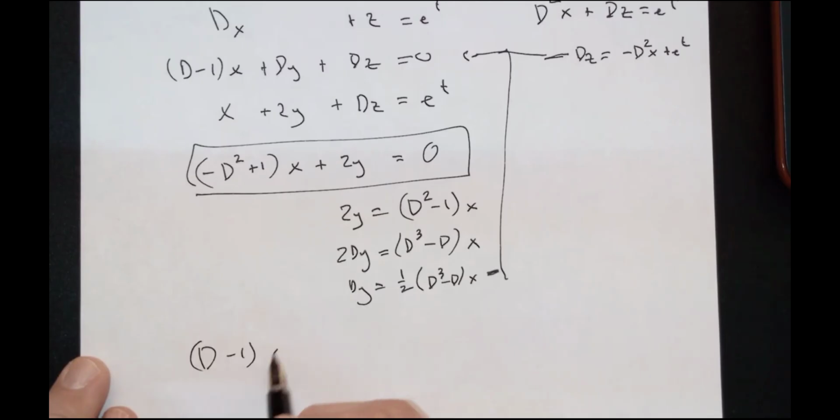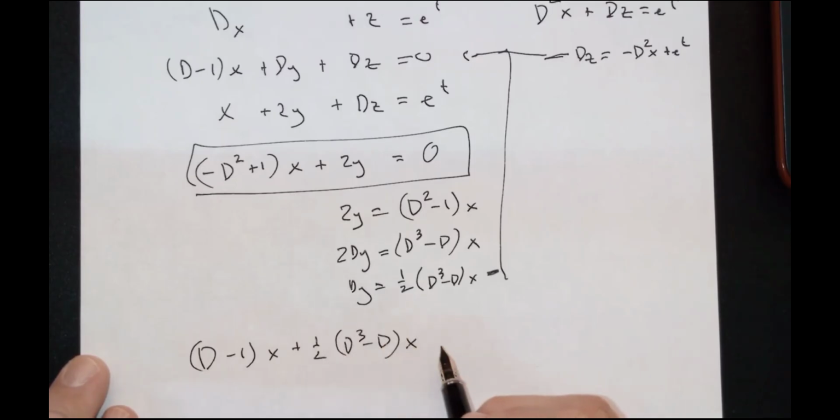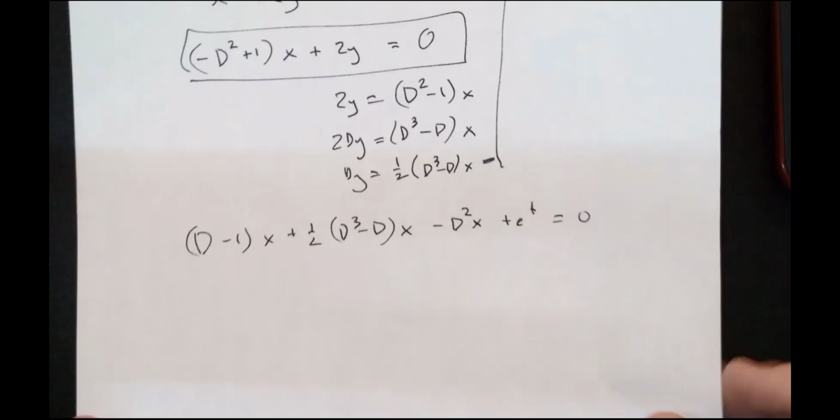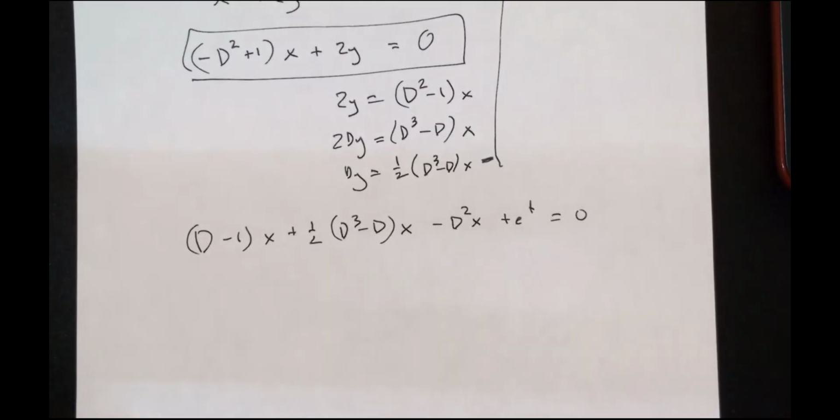D minus 1 x plus 1/2 d cubed minus dx minus d squared x plus e to the t equals 0. Yes? Which is a third order differential equation in just x.